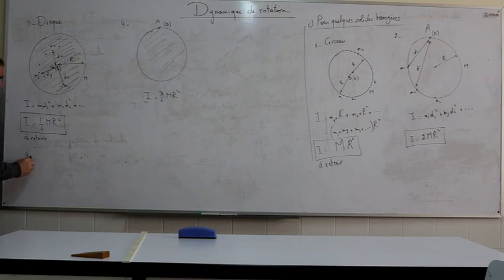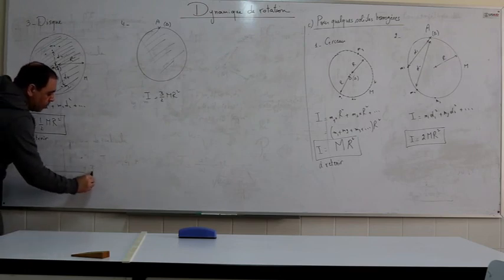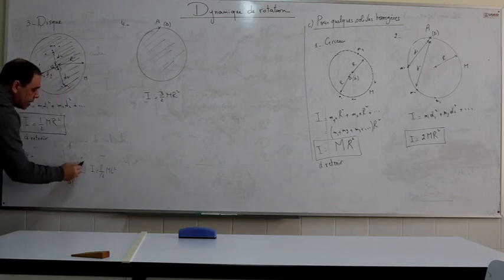For a rod whose axis of rotation passes through its midpoint, I is equal to 1 over 12 m l squared, where L is the length of the rod.